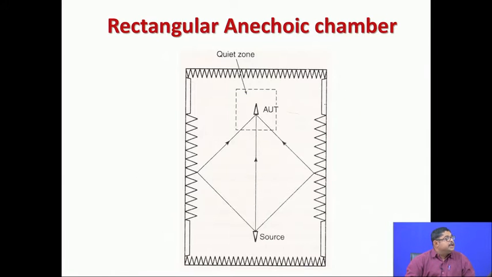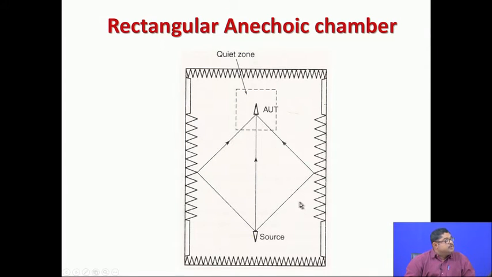Then you have anechoic chambers. Anechoic chambers means you put absorbers throughout, and then you have a source, and there are reflections from the side walls. It is so designed that all reflections come together constructively. Anechoic chambers are sometimes called semi-anechoic chambers.